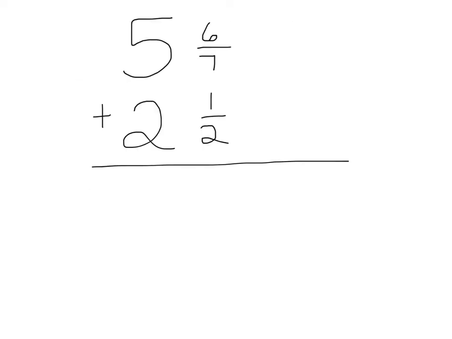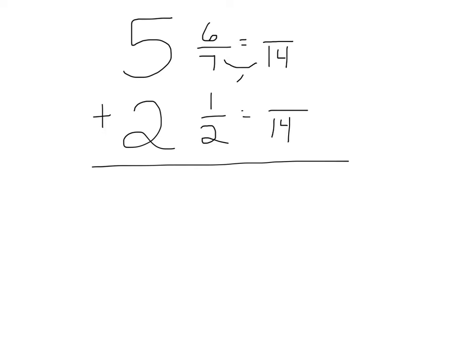So I have 5 6/7 plus 2 1/2. So the first thing I need to do is make my denominators the same. So I have to find a common denominator, and it's going to be 14 because that's a number that 7 divides into and 2 divides into.